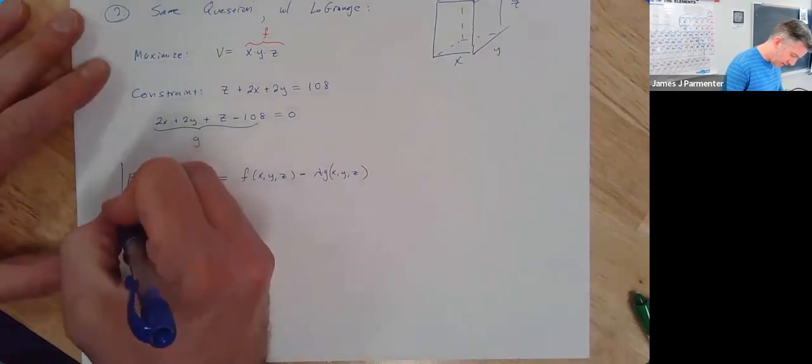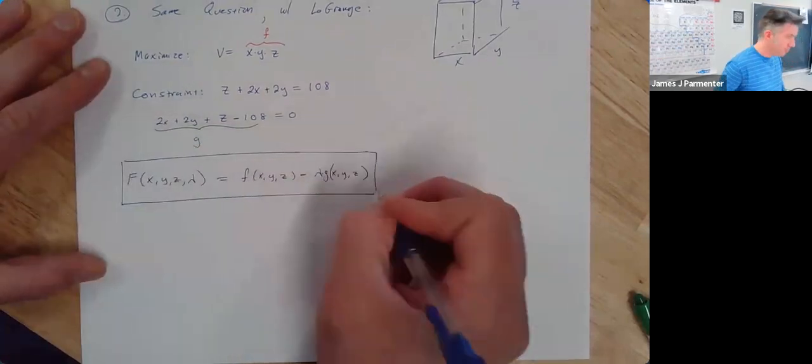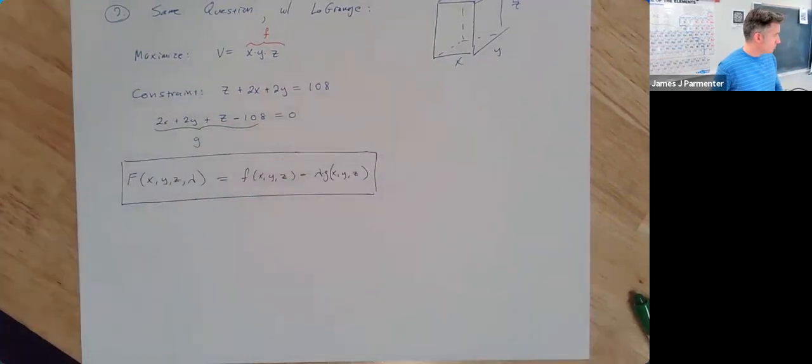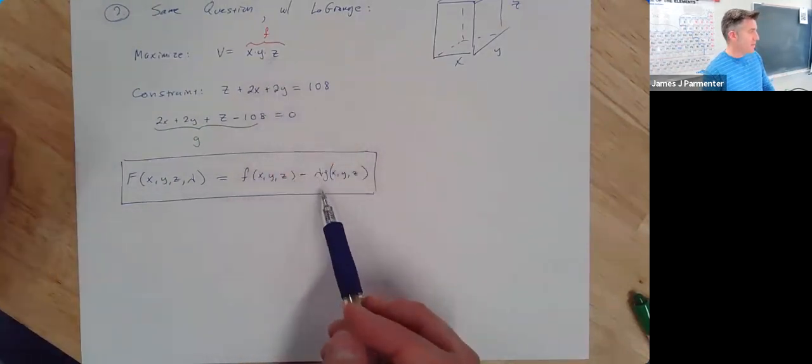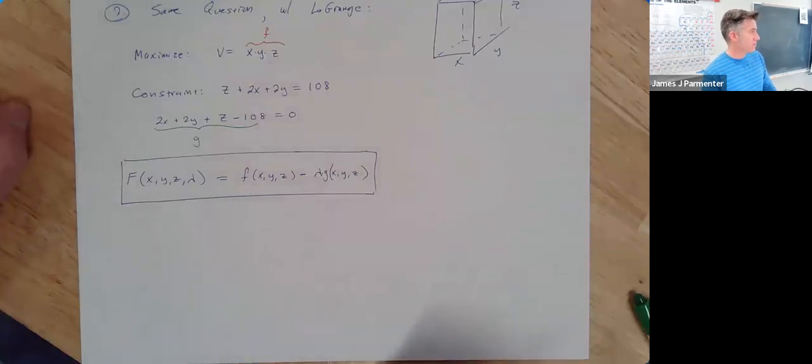That's the general idea. So your new capital F function is just the thing you want to maximize minus lambda times the thing that you're constrained.